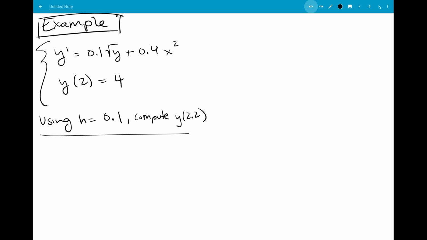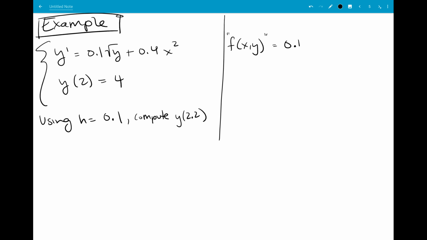Okay, so all of that information is something that you would be given for a problem to solve. So for the time being, don't worry about what h means and how to get a good one. Somebody will tell you what to do. And what I'm going to do real quick, since this is our first time doing this, is make sure that we understand the notation here. The thing that we've been calling f of x, y this whole time is that 0.1 square root of y plus 0.4 x squared.